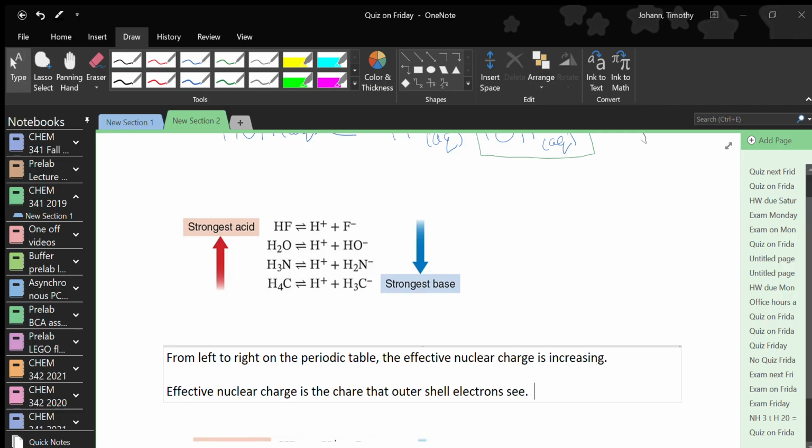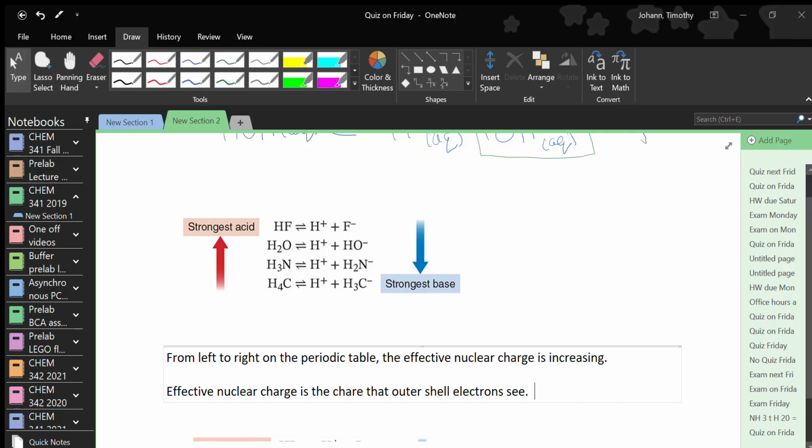But we have 10 electrons in the inner shells, 8 here, 2 here, and those are fully shielded. The inner shell electrons fully shield, so the outer shell electrons can't see any of that charge. This is a simplistic model, but it works well. For this model, these six proton charges get through, and you can see those. The effective nuclear charge is 1, 2, 3, 4, 5, 6 for sulfur.